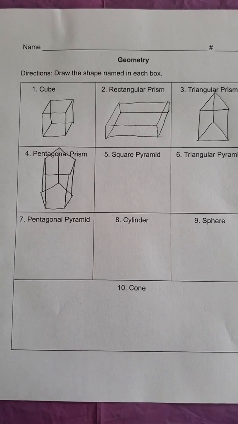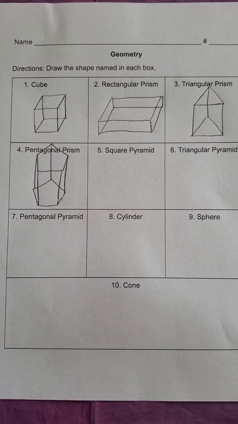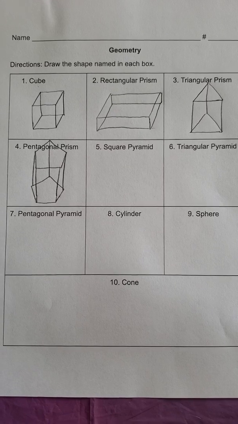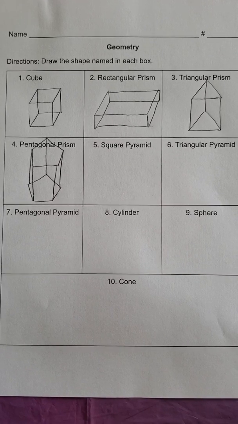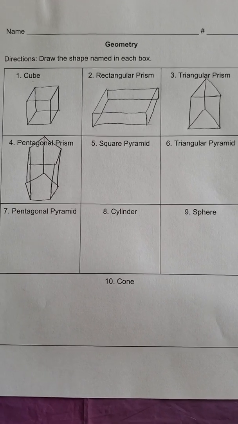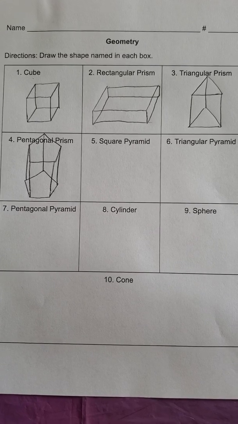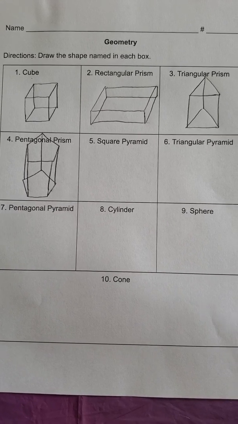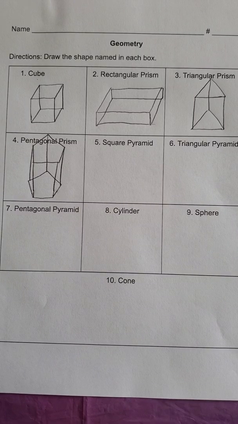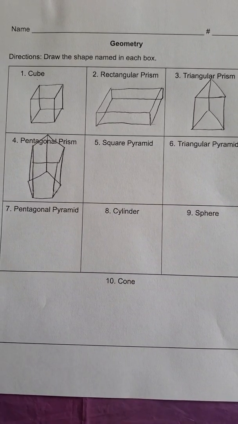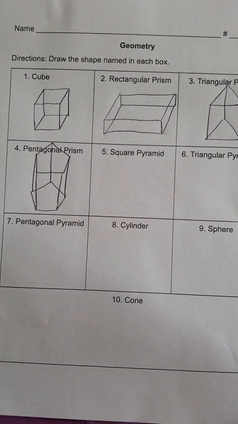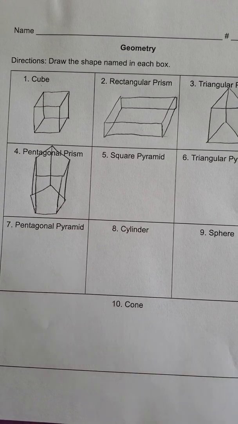Next, I would like for you to take out your geometry page to draw the shape that's named in each box. So we are going to draw a square pyramid, a triangular pyramid, and a pentagonal pyramid. First, let's begin with a square pyramid. A square pyramid has a base of a square.